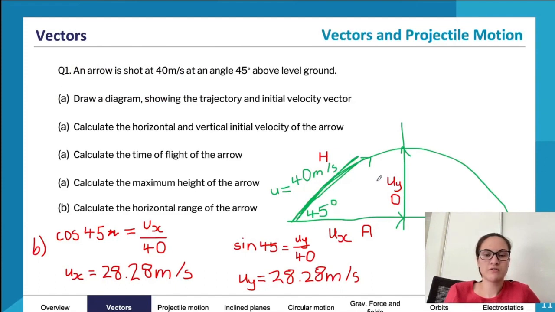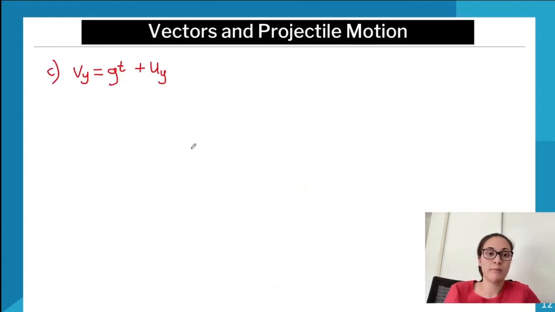And we're just going to use the initial velocities that we have, but our final velocity we do not know. So Vy we don't know, Uy and Ux we do know, but we don't need Ux, we just need Uy. So we're going to put 0 is equal to 9.8 times t plus uy.